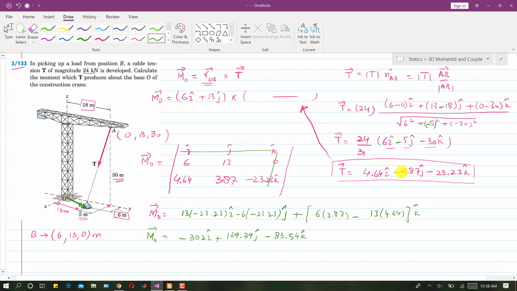So here we will have minus 3.87. When we solve this, 6 into minus gives a negative, and this is also negative, so these add up, and we get the minus 3.54 j term. So this is the moment about O due to this tension T in this cable. This is the solution of this problem.